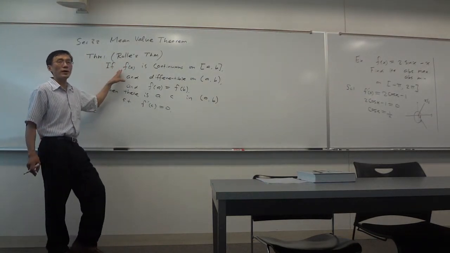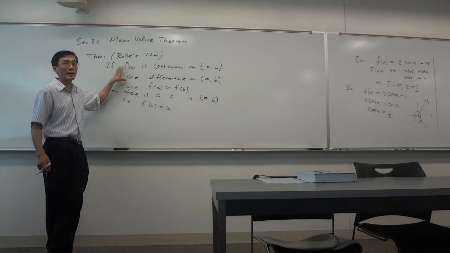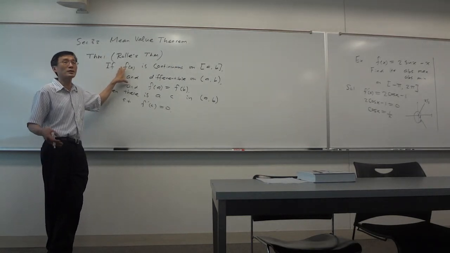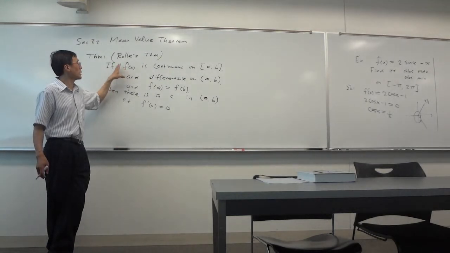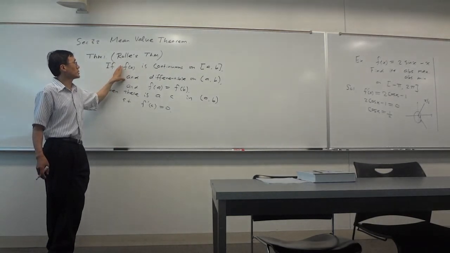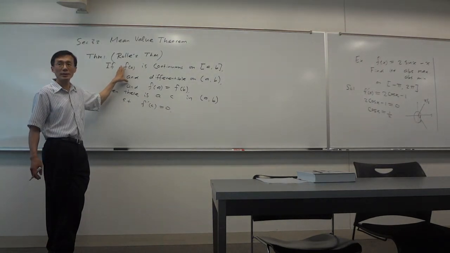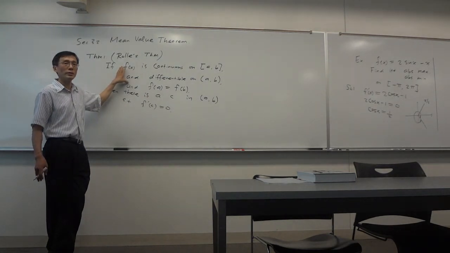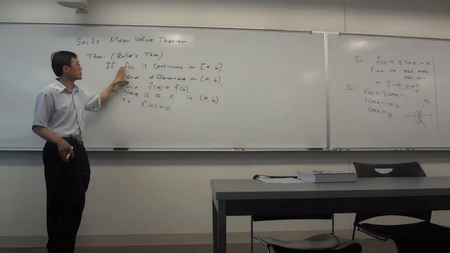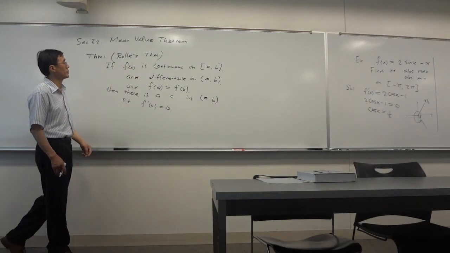Fortunately, most of the functions we deal with satisfy that. They are automatically differentiable. So you can take this as a statement that says f is a friendly function, a nice function. That's all it means.